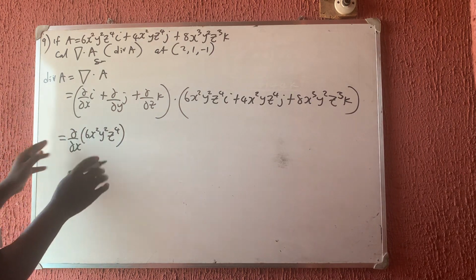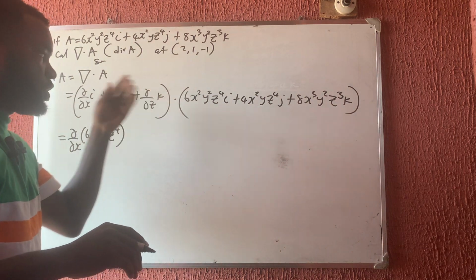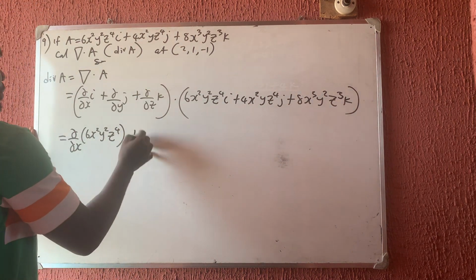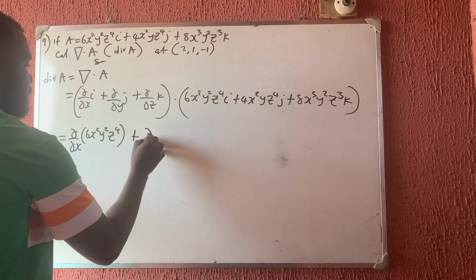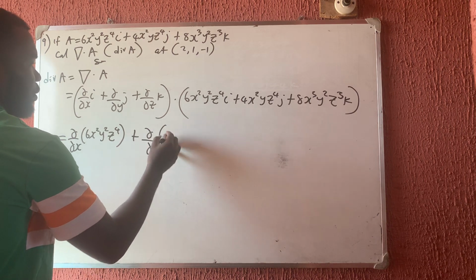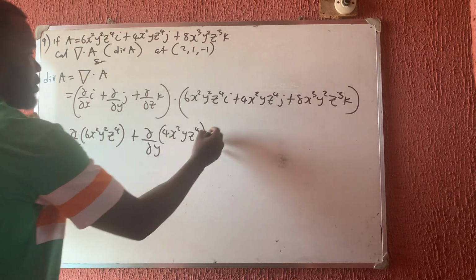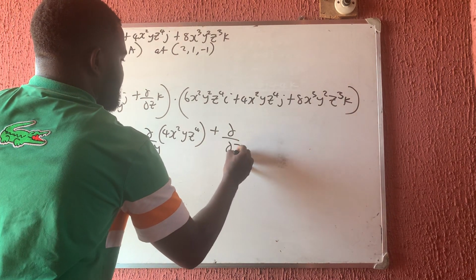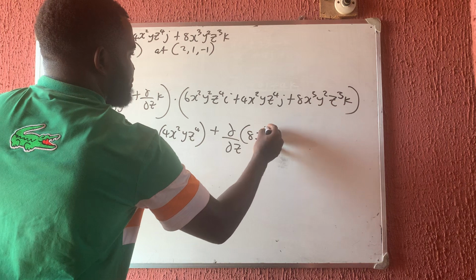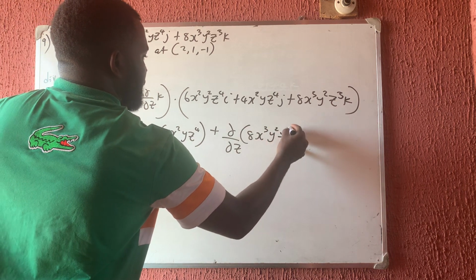I'm not putting the i because the result of a dot product is a scalar, so no need for the i. Plus this one is just dotting only this one, so I have partial y of 4x squared y z raised power 4. I don't need the direction. Plus partial z of 8x raised power 3 y squared z raised power 3.